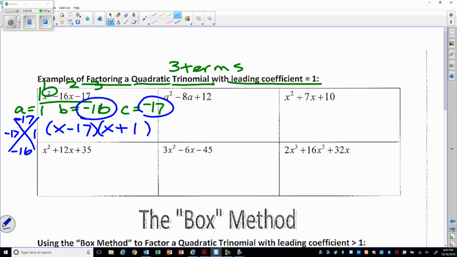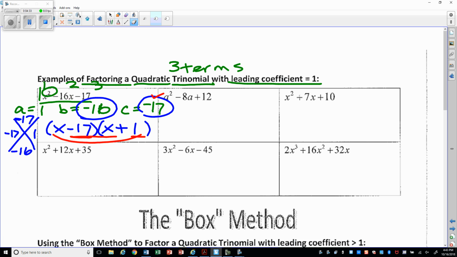All right, and notice if I multiply the last terms, negative 17 times 1, I get c. And if I add the middle 2 terms, negative 17x plus 1x gives me negative 16x.